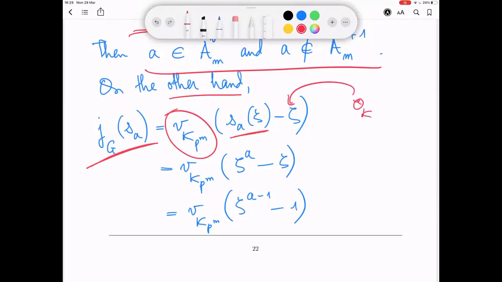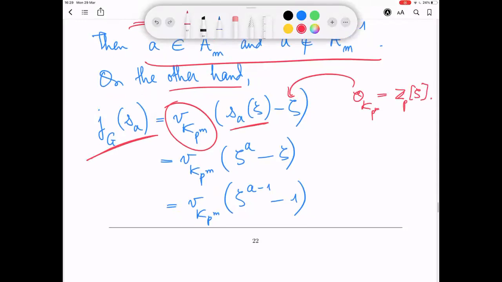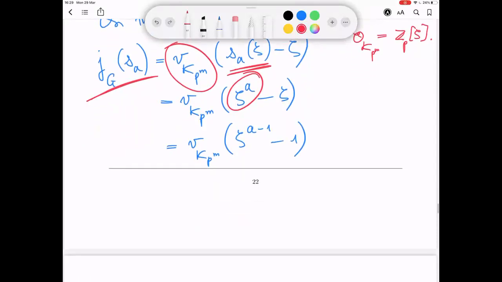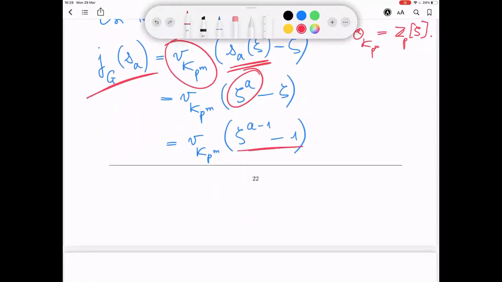Because the ring of integers of K_{p^m} is not O anymore, it's Z_p[zeta]. So what is s_a of zeta? It's zeta to the power a.